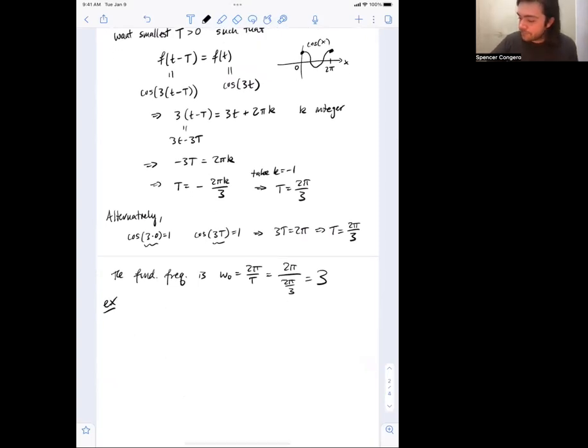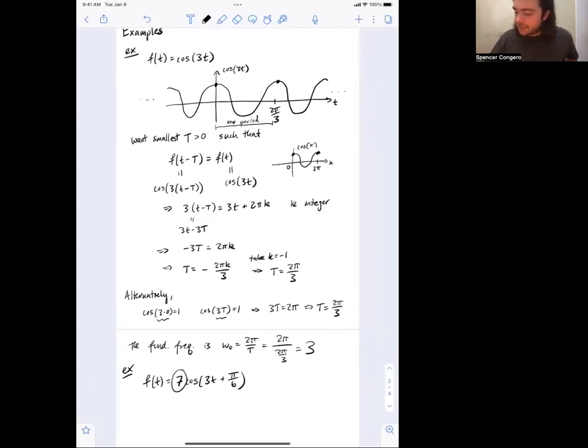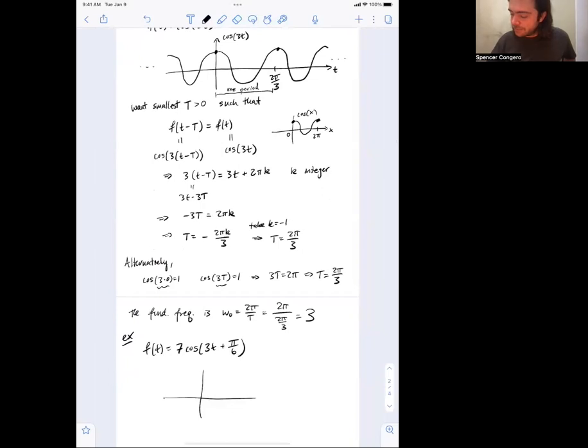Let's look at another one. Let's say f of t is 7 times cosine of 3t plus pi over 6. How is this different than the first function we looked at? Well, you can see the amplitude is getting multiplied by 7, and we're adding a phase shift. But the amplitude getting multiplied by 7 just means my cosine function has a larger amplitude, but it shouldn't change anything about the period.